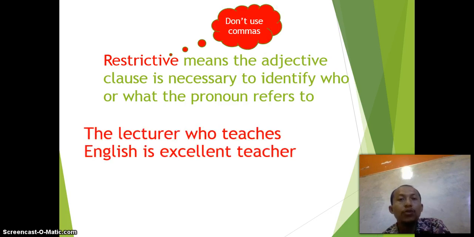So we don't use a comma if it is necessary. Like: the lecturer who teaches English is an excellent teacher. So it is important to understand who the lecturer is. We want to know who the subject is, so we don't use a comma.